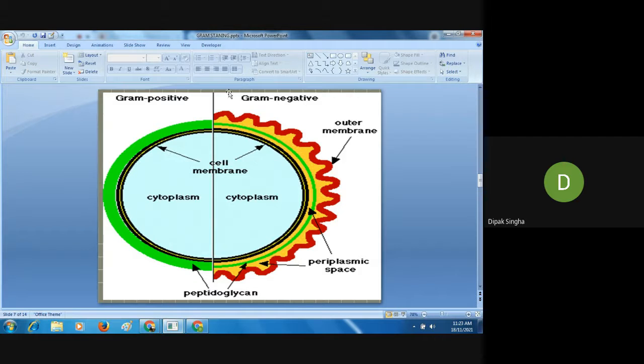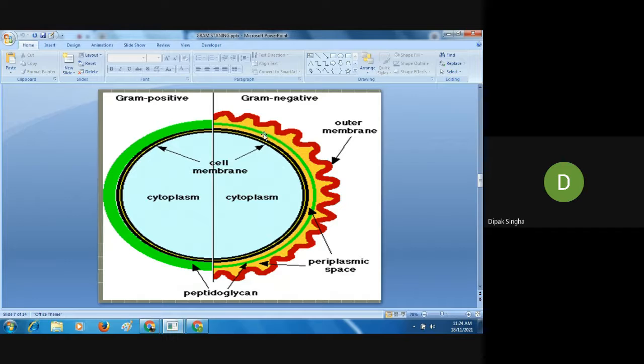This green color is the peptidoglycan, which consists of N-acetyl muramic acid, N-acetyl glucosamine, and another acid. Ultimately, this peptidoglycan, which is the major component of the cell wall, reacts with the crystal violet and produces the violet color. On the left-hand side is the gram positive, and here is the structure of gram negative bacteria.